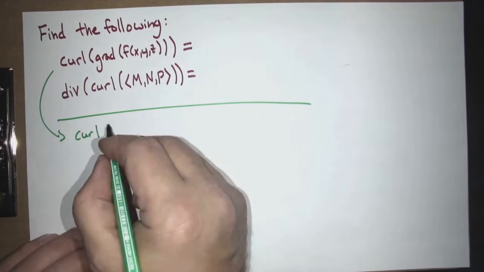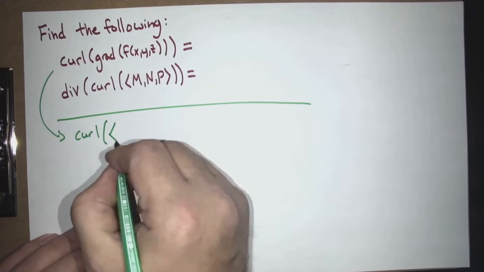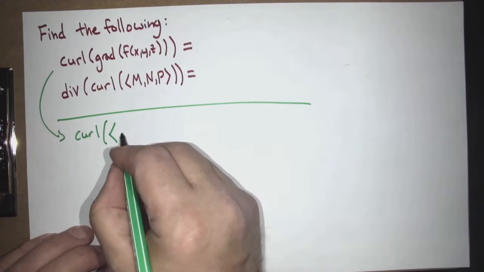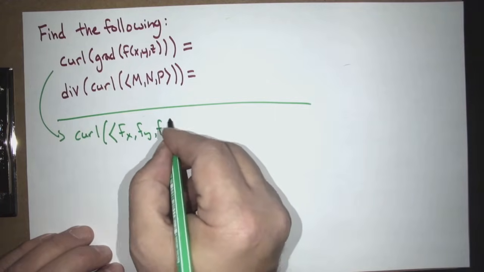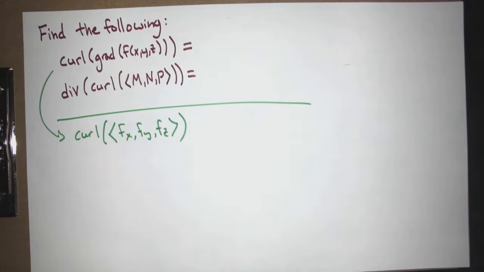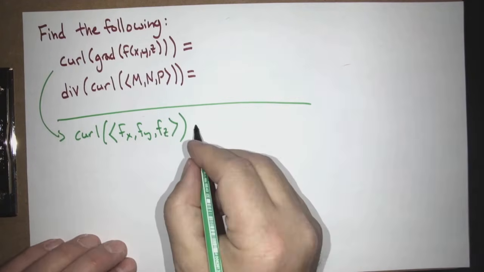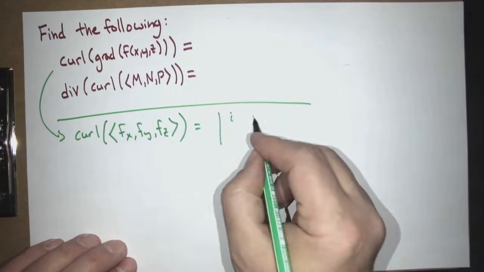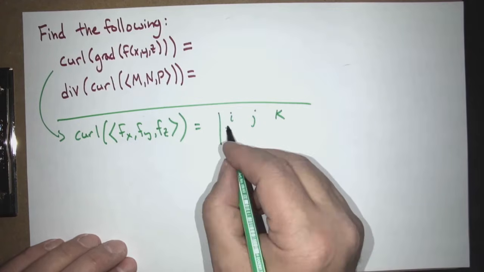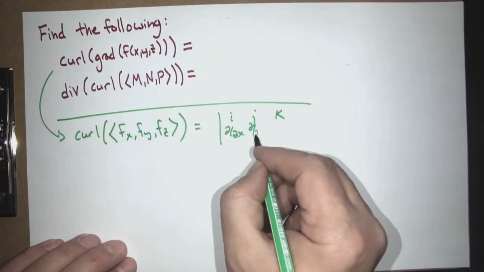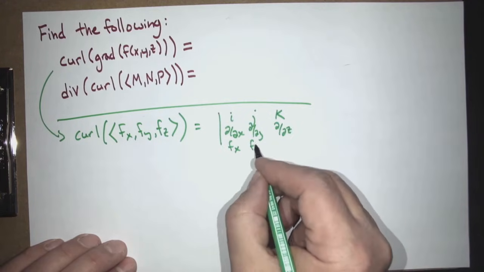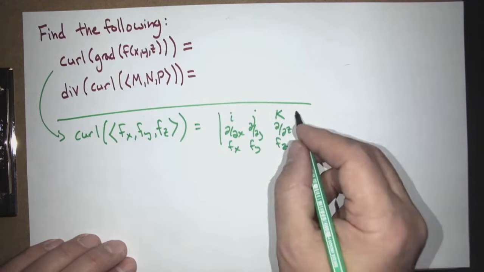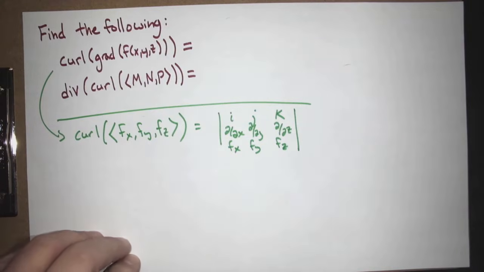The gradient will give us a vector valued function, which we can think of as f sub x, f sub y, f sub z. It's a collection of partial derivatives of f, yes? So that's i, j, k, partial x, partial y, partial z, f sub x, f sub y, f sub z. True?